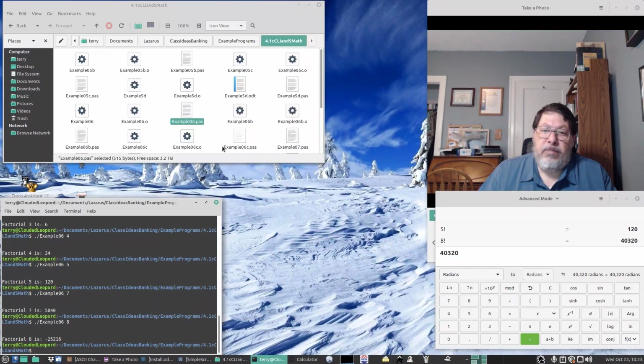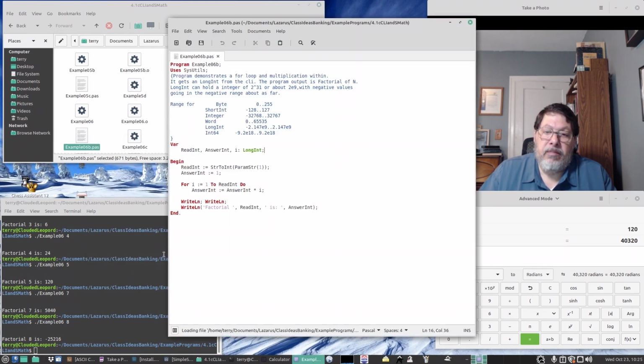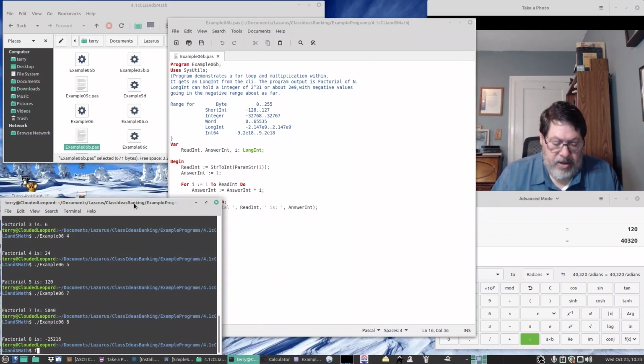The next example I have has only changed one thing in the program. We've gone to a long int, and you can get a much larger factorial value in a long int, but you can overflow a long int quite easily too. I don't remember off the top of my head how large this can be.